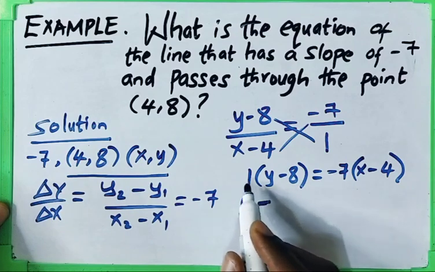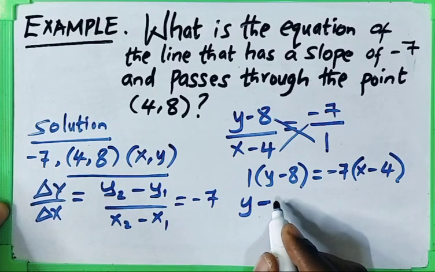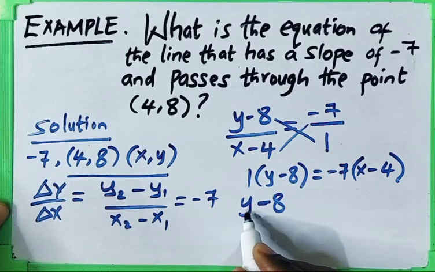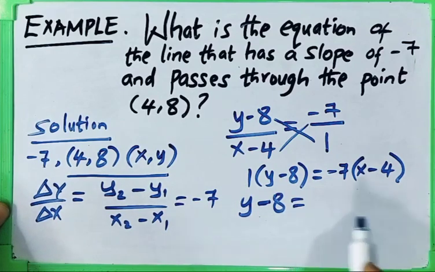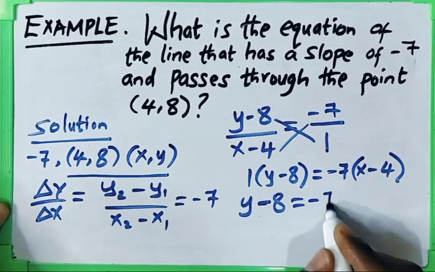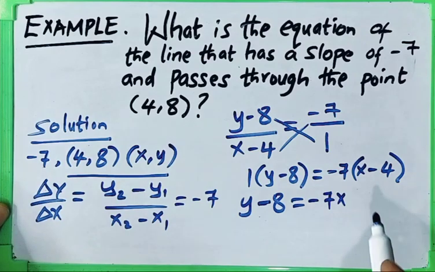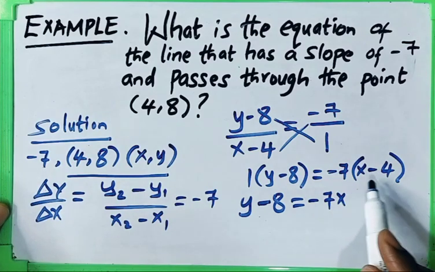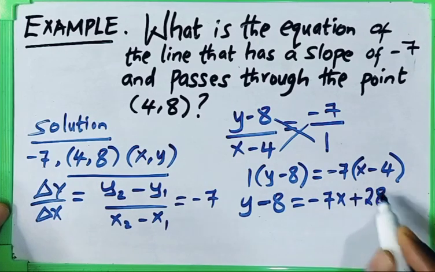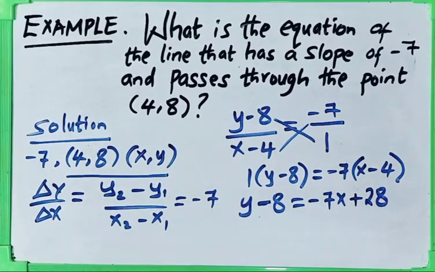Then 1 times -8 is -8. So y minus 8 is equal to -7 times x, which is -7x. Then finally, -7 times -4 is +28.